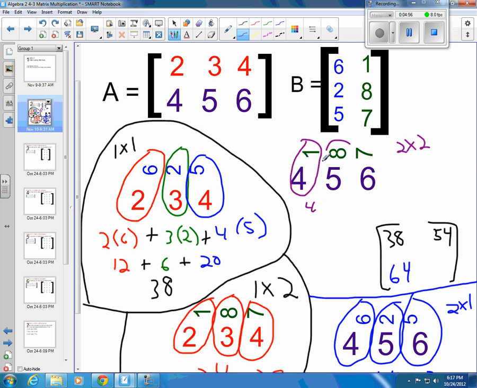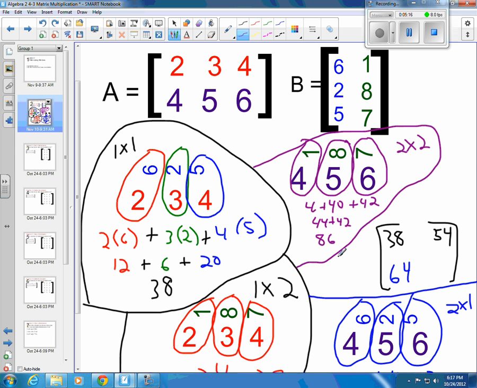So 4 times 1 is 4. 5 times 8 is 40, and we're just adding up all of these multiplications. 6 times 7 is 42. So that's going to be 44 plus 42, which is 86. And so 86 is my second row, second column.